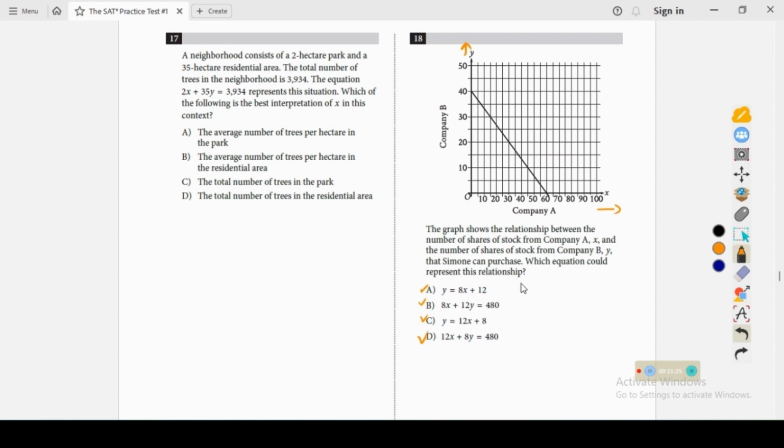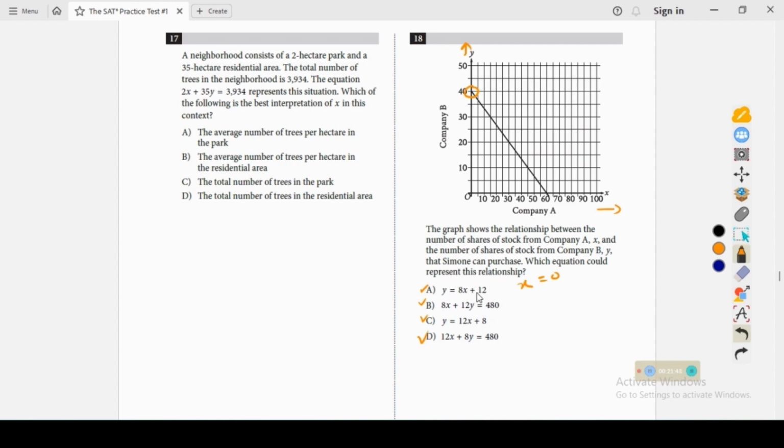Let's say we can choose any value of x from the given values. I am choosing x as 0. Let's see if we can find the values of y that correspond approximately to the value of x. When x is 0, the value of y is 40. So let's see which equation gives us the value 40.